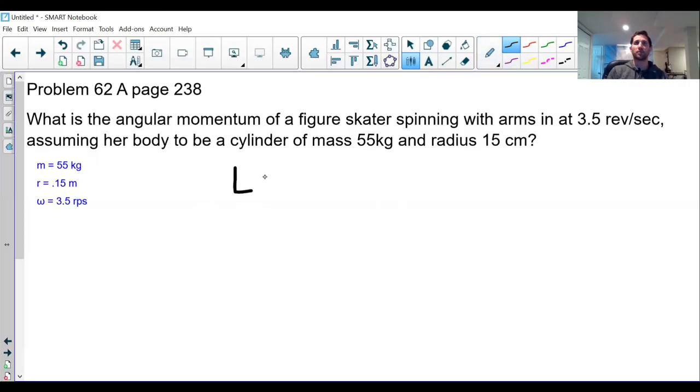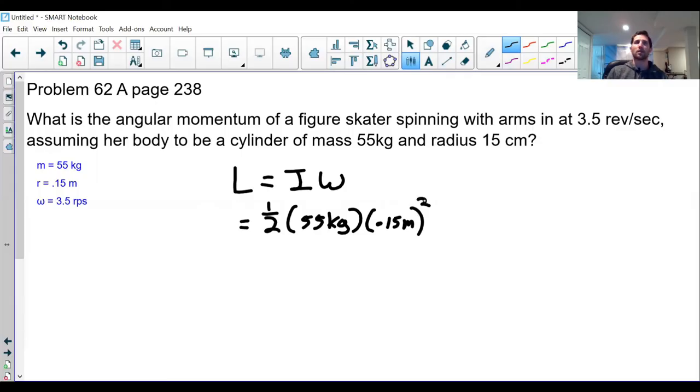The angular momentum of a rigid object is I times omega. If we're treating her like a solid cylinder, it's going to be 1/2 her mass, which is 55 kilograms, times the radius, which is 0.15 meters, and we'll square that. And then the omega is in revolutions per second. We need to get that in radians. So 3.5 revolutions per second is going to be 7 pi radians per second.